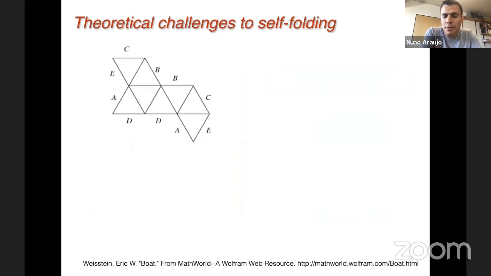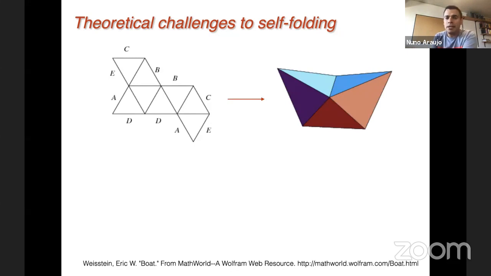The problem is that imagine this net that I'm showing you here. If I now start to bind them according to the letters that I have at the side of the edges, so if I connect the A to the A, the B to the B, the C to the C, the D to the D, and the E to the E, what I get is a three-dimensional shape that resembles a boat.